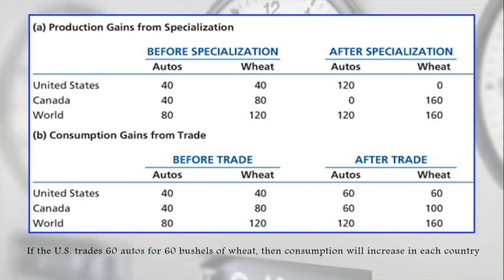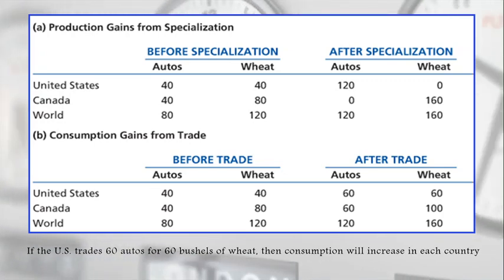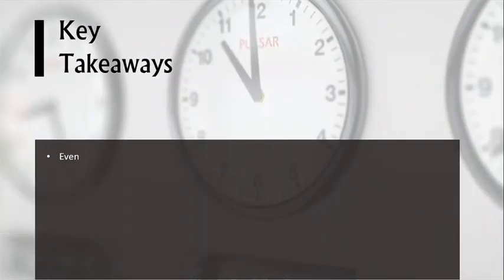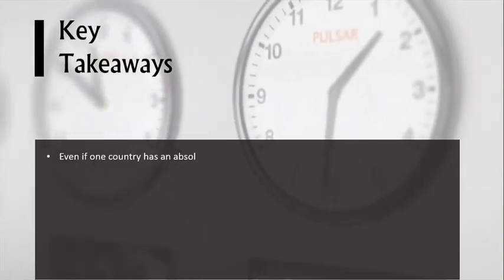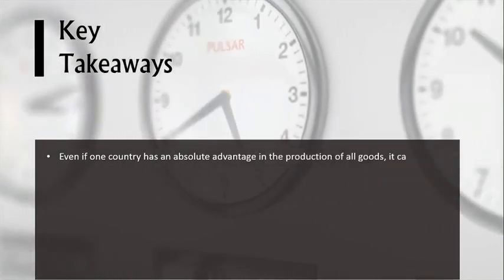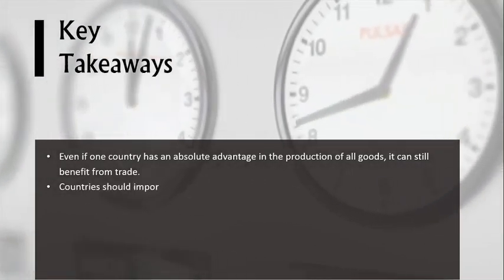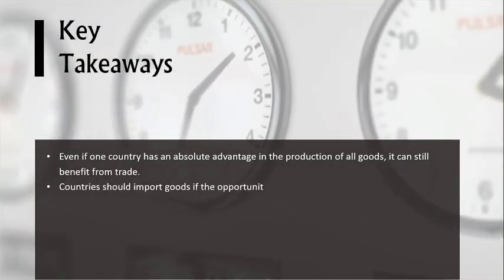All right then, let us move towards a recapitulation of the learning we have made so far. First, even if one country has an absolute advantage in the production of all goods, it can still benefit from trade. Second, countries should import goods if the opportunity cost of importing is lower than the cost of producing them locally.